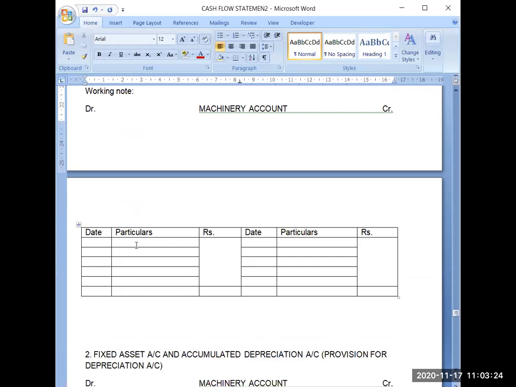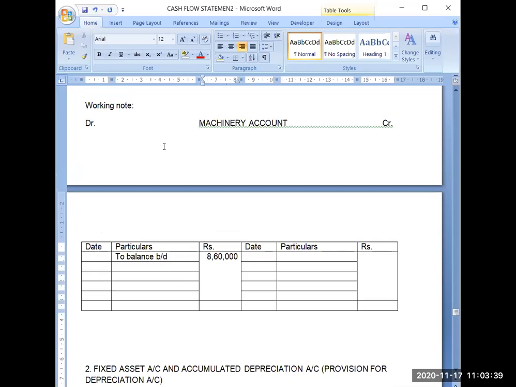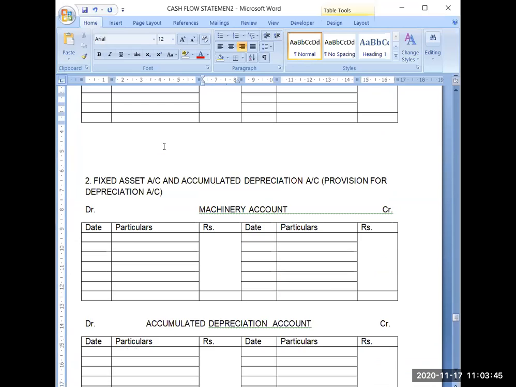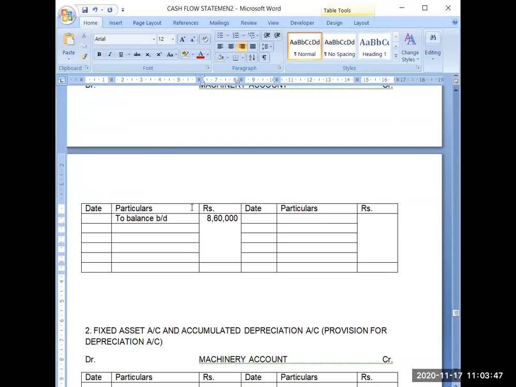So first we will write the opening balance, to balance brought down, 8,60,000. And on 31st March 2019 it was 9,50,000. So we will write the closing balance here.